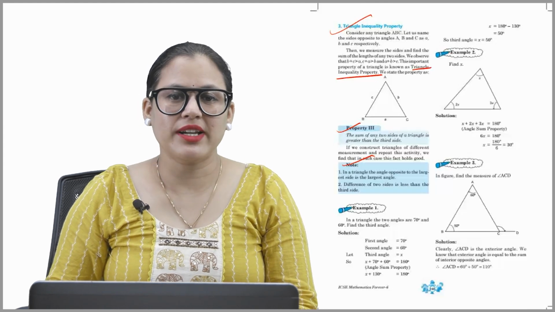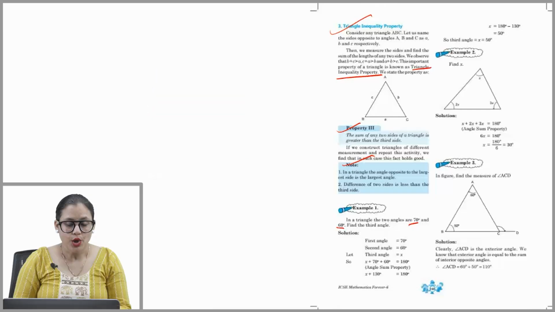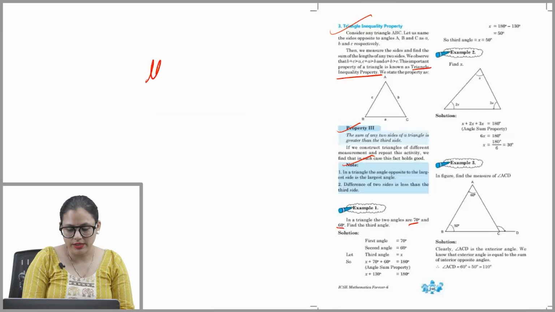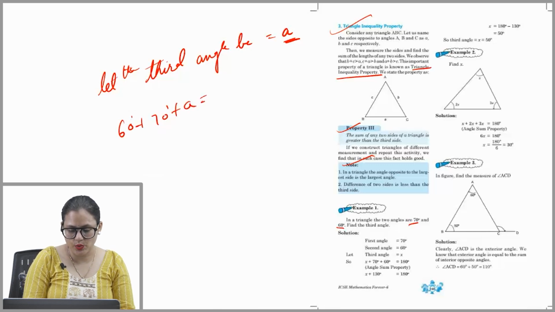Example 1: in a triangle, two angles are 70 degree and 60 degree, find the third angle. Let the third angle be A. So 60 degree plus 70 degree plus A is equal to 180 degree.